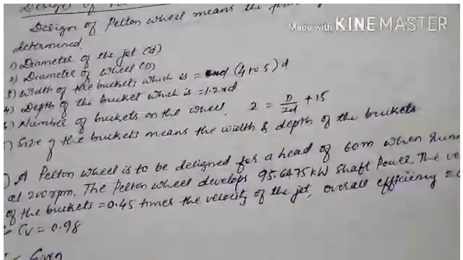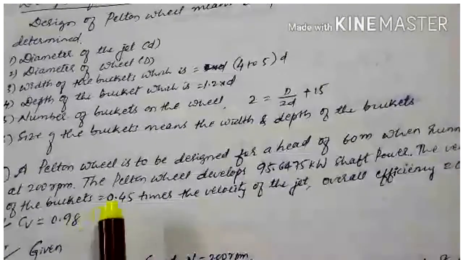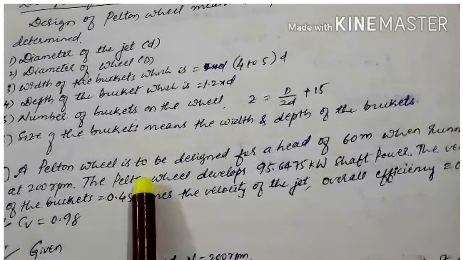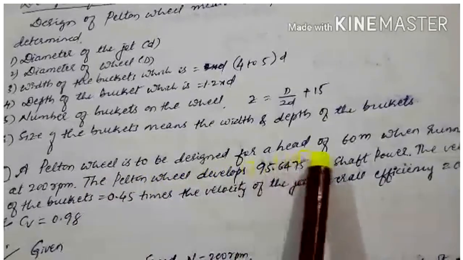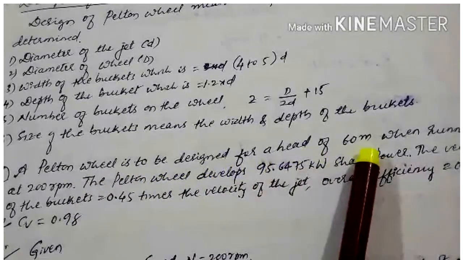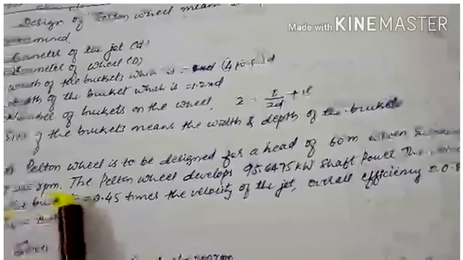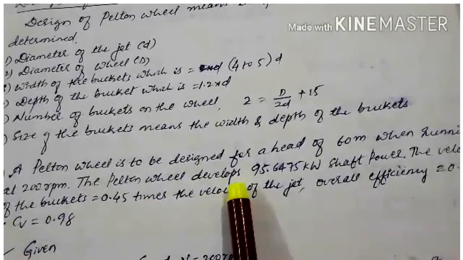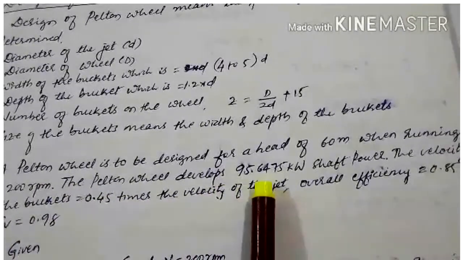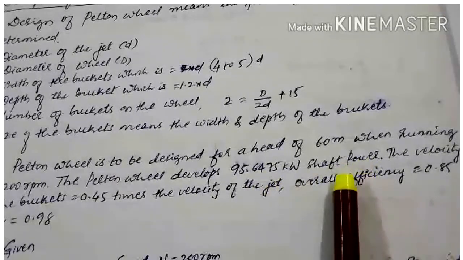Then let us take one design problem, that is, design a Pelton wheel. Our Pelton wheel is to be designed for a head of 60 meter when running at 200 rpm. The Pelton wheel develops 95.6475 kilowatt shaft power.